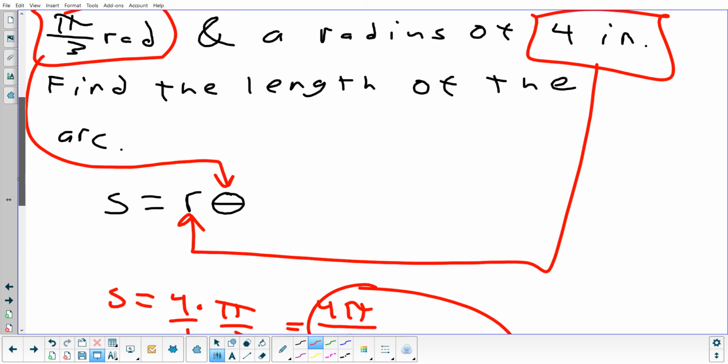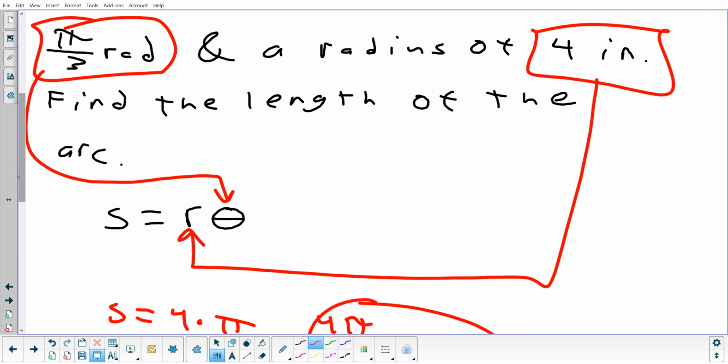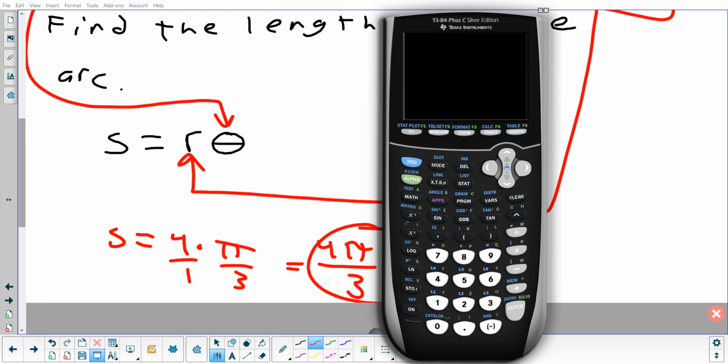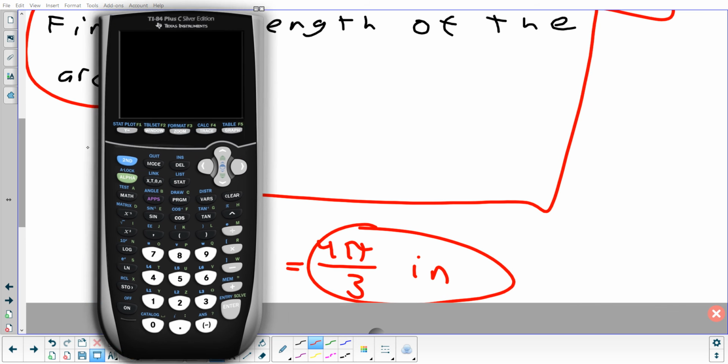Now, what did we just find? The length of the arc. In this problem, what was my length unit? Inches. That means we should put inches on that. The only thing they might ask you to do with it from here is type it in and get a decimal.